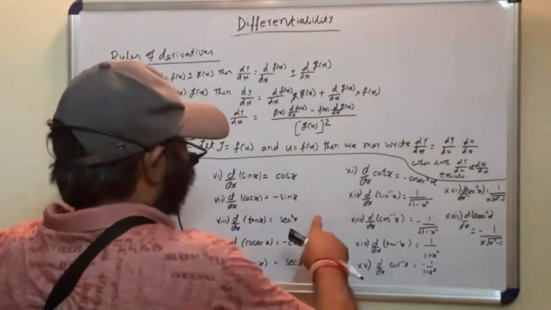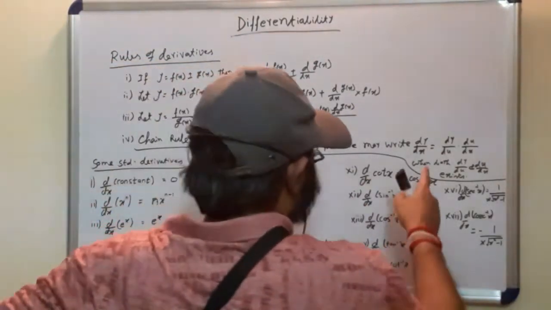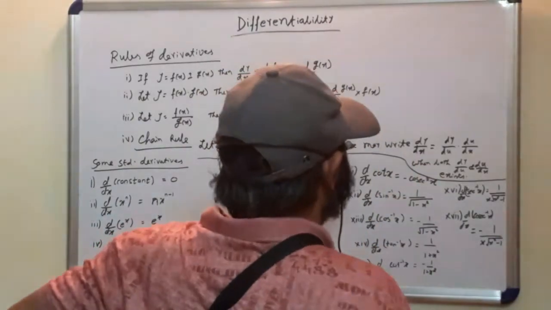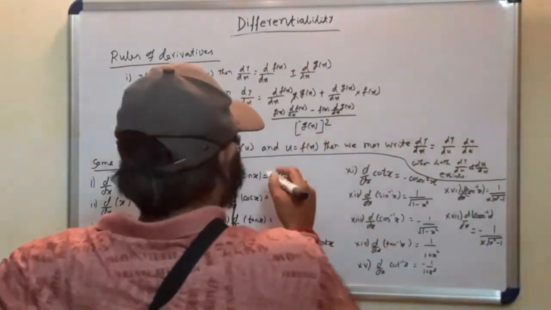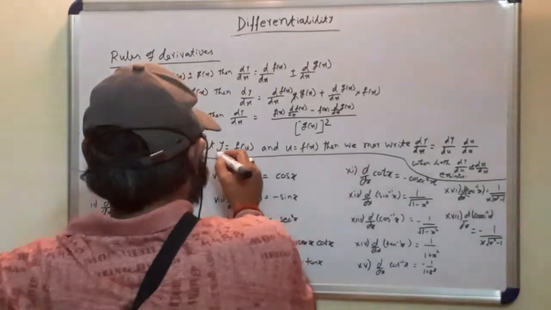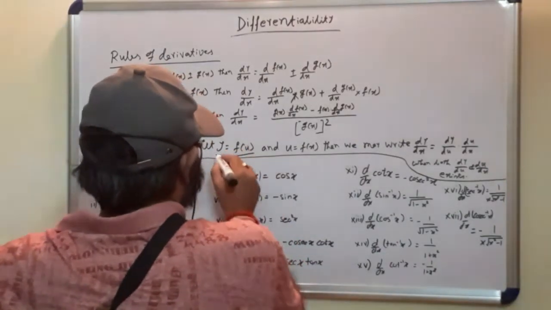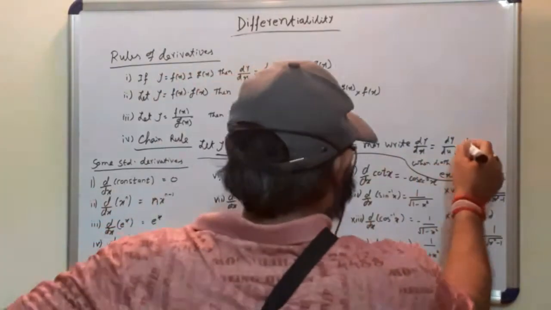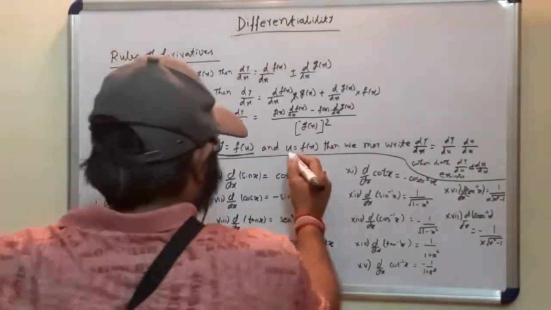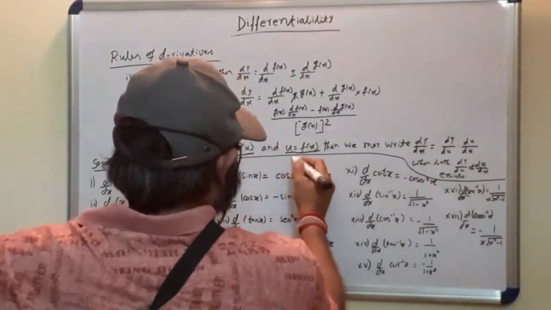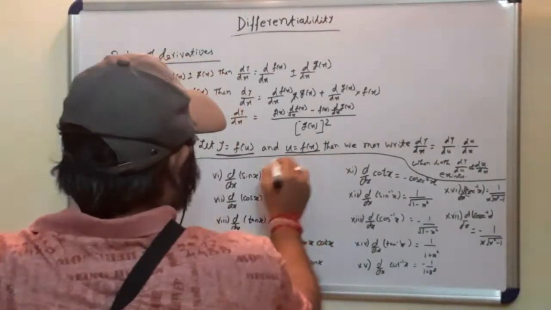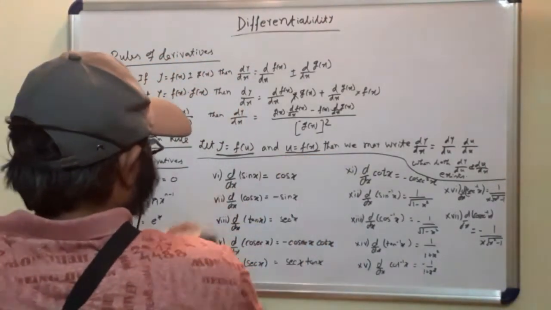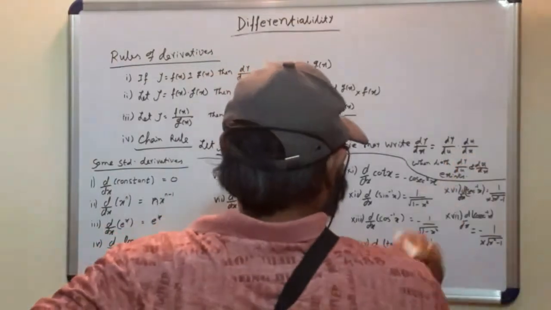Then dy dx is equal to dy du, the derivative of y with respect to u, into du dx. Since u is a function of x, we can find the derivative of u with respect to x.